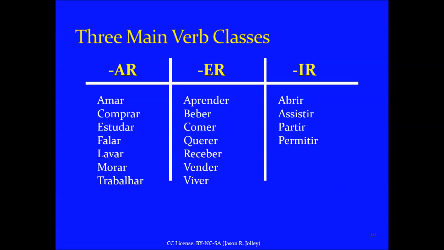Verbs ending in ER, like aprender, beber, comer, querer, receber, vender, and viver. And finally, verbs ending in IR, and generally there are fewer verbs in this third class. So verbs like abrir, assistir, partir, and permitir.